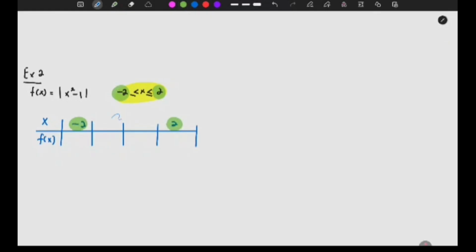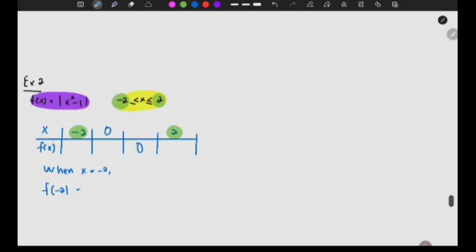So when your x is negative 2, what happens to your f(x)? So this is your function that they give you, right? Let's do modulus. Don't do anything. Substitute your x, replace it with negative 2, and minus 1, okay? And then solve it. Negative 2 squared is 4. 4 minus 1 is 3. So modulus 3, positive number maintains positive.